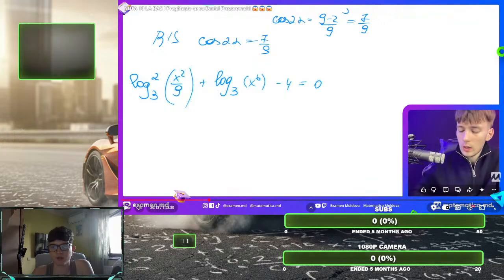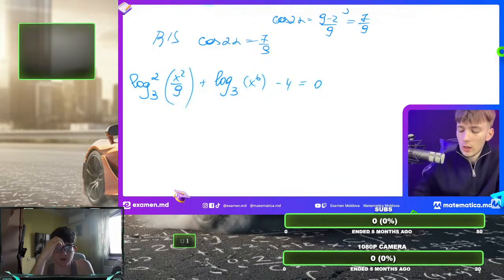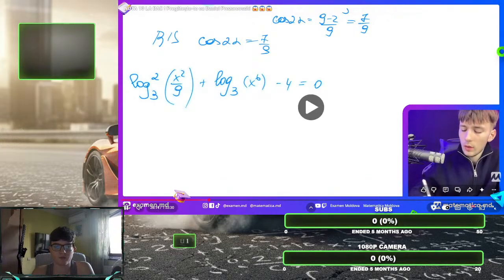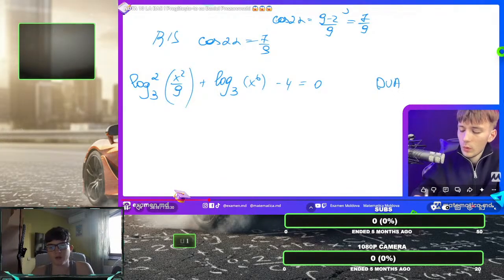Haven't worked with such exercises, so I'd like to see how this is done. So we have, looks like the same base, 3 and 3. I'll just watch it because I don't really know what you should do with the 2 right here.